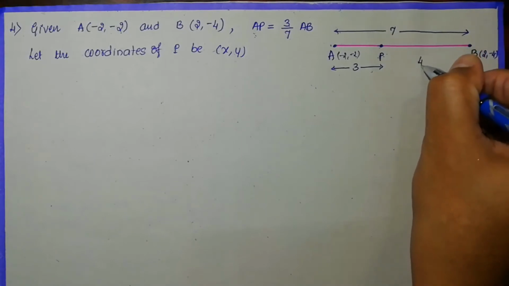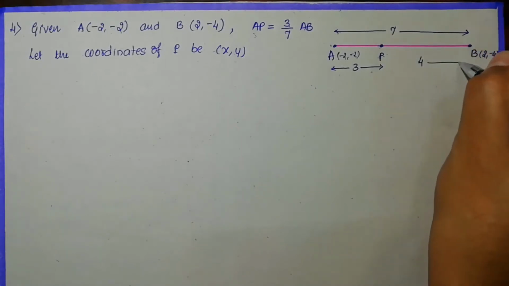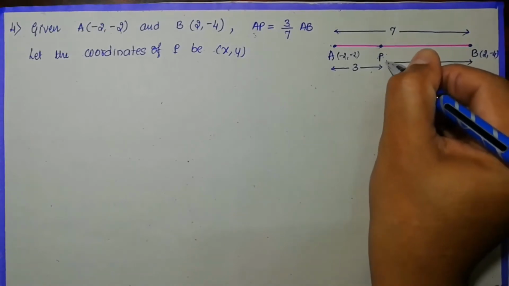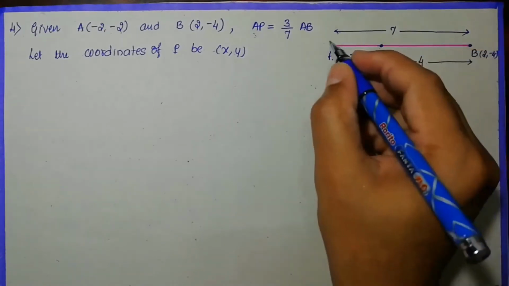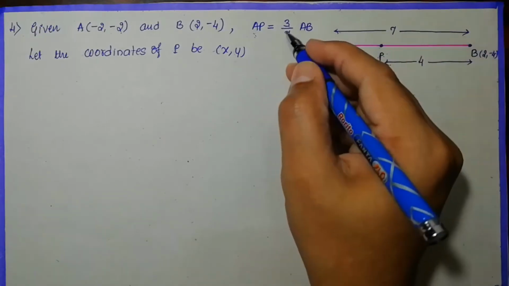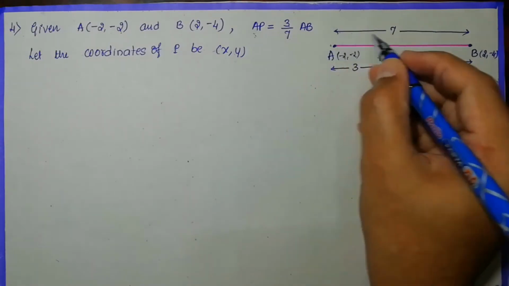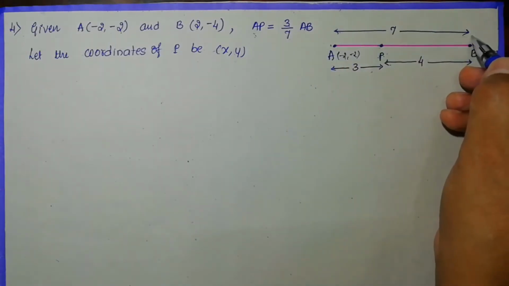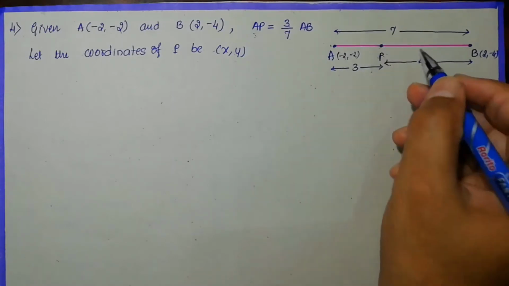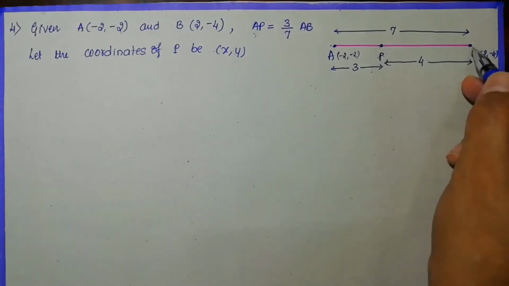So P to B totally has 4 parts. Remember, it is not an accurate measurement. It is not like AB is equal to 7 units, because it is the ratio. That's why I'm telling you. I'm going to make this 7 equal parts, and 3 equal parts are present, so the remaining 4 equal parts are present from P to B.